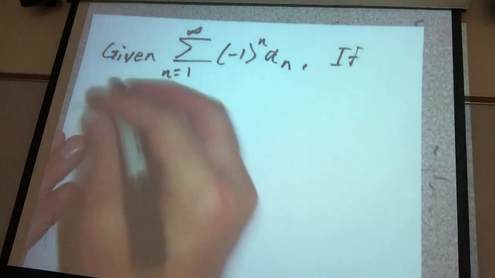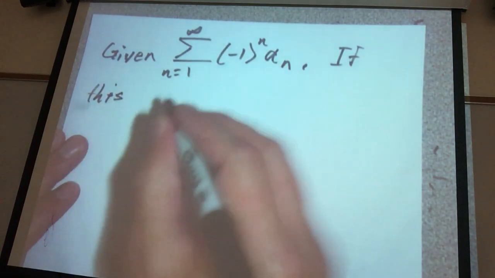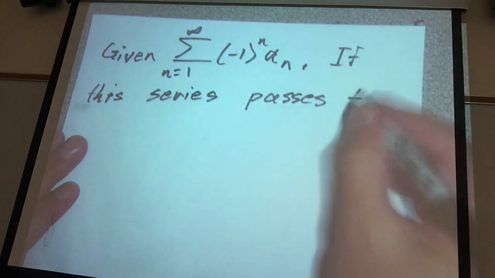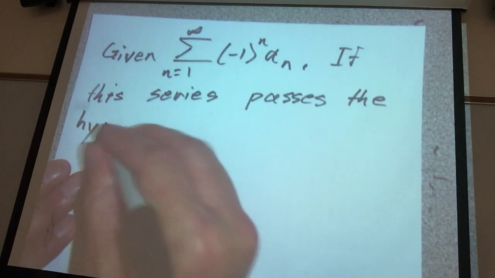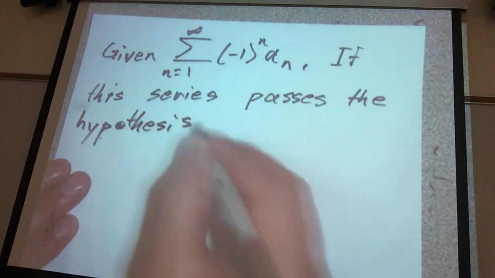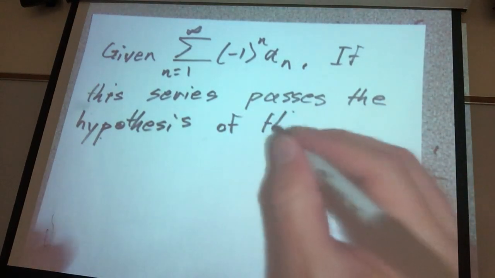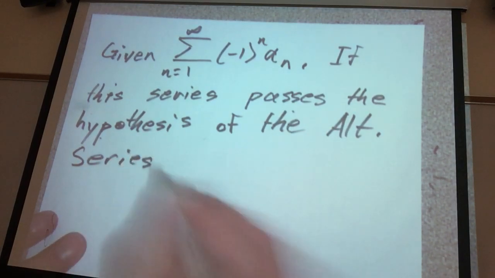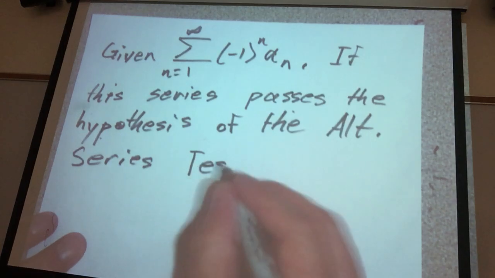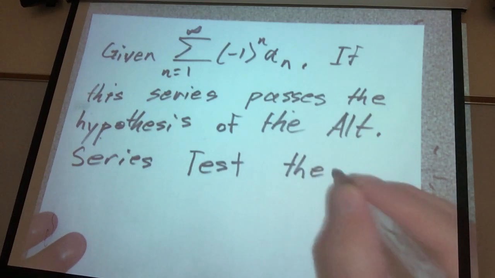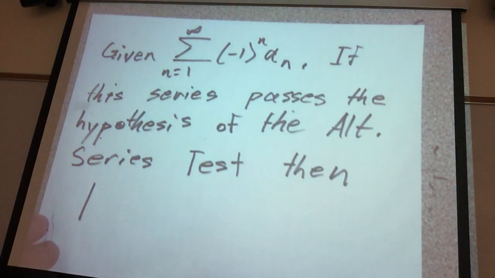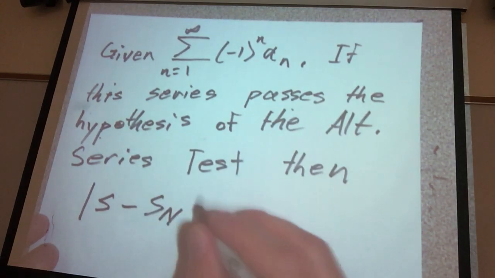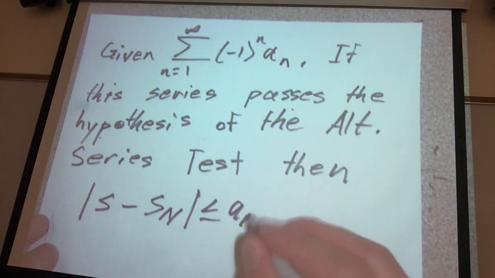Right now, if this series passes the hypothesis, let's use an abbreviation, alternating series test, then the sum, and I'm going to phrase it like this, S minus S sub capital N, the difference between them, is going to be bounded by a sub capital N plus 1.